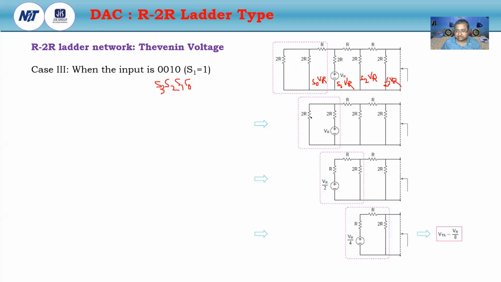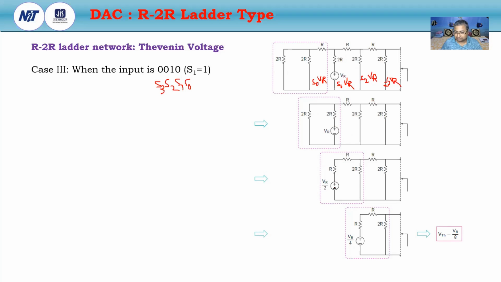And the other portion: this is R, this is R, this is 2R, this is 2R, this is R, this is R, this is 2R, this is 2R. So now put the Thevenin voltage and the Thevenin resistance. Here this is replaced by this. We put the Thevenin resistance and the Thevenin voltage.